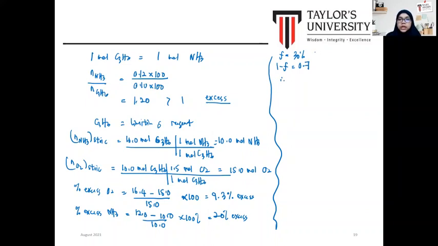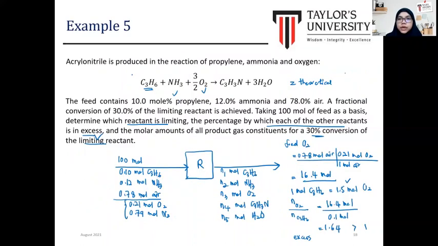Because it is based on the limiting reactant, we need to consider the propylene. Propylene out equals propylene in minus the amount reacted, because we only have one reaction here.